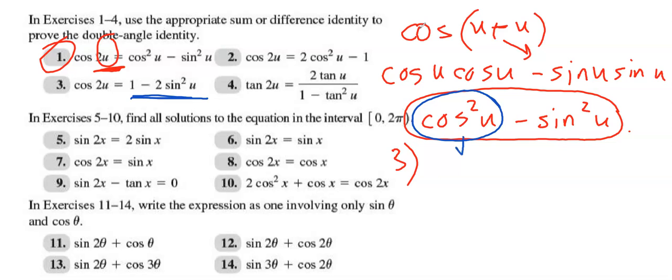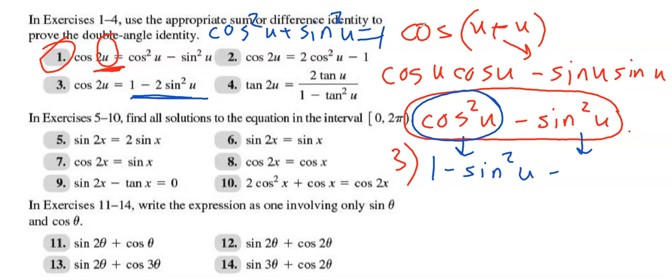So we're going to replace this with, if that's that, cosine squared u plus sine squared u equals 1. What would we replace cosine squared with? 1 minus sine squared. And then, of course, this is right here, minus sine squared. So what do we get? 1 minus 2 sine squared. Hey, we're done with question 3.